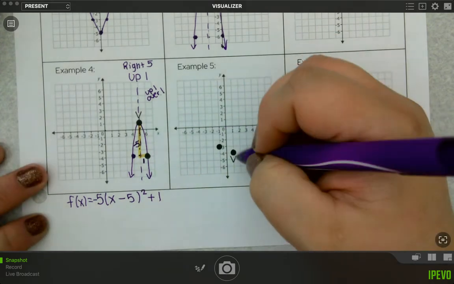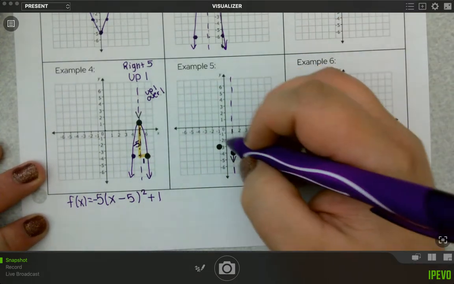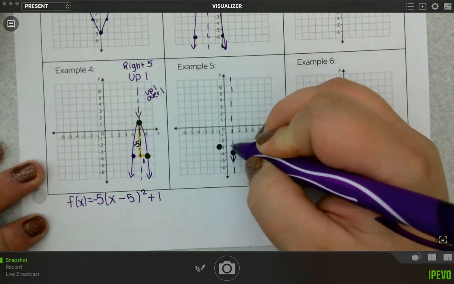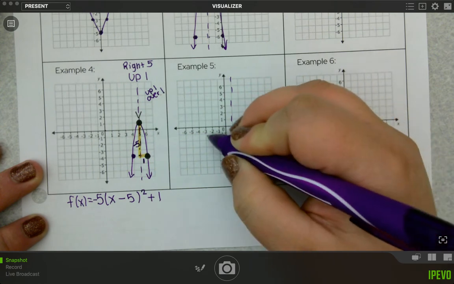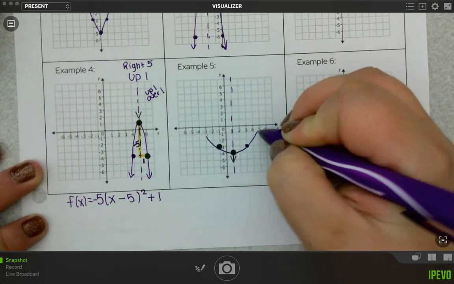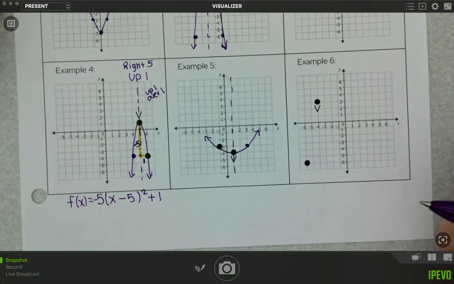So example 5, if you want to draw the rest of the graph because it helps you, you can. This point would flip, it's 2 away, so it's going to go 2 on the other side. So parabolas are symmetrical, always, if that helps you to see it.